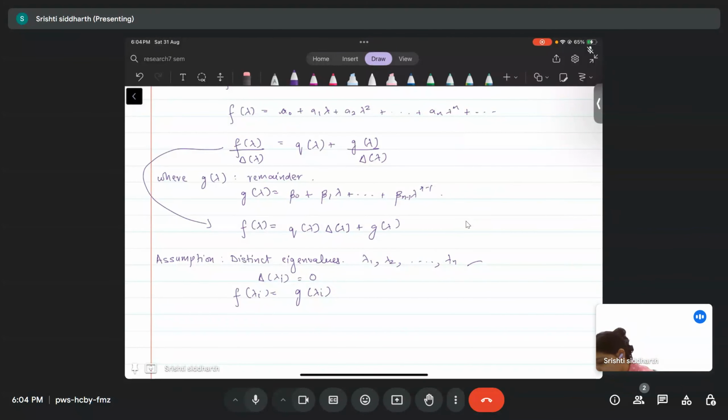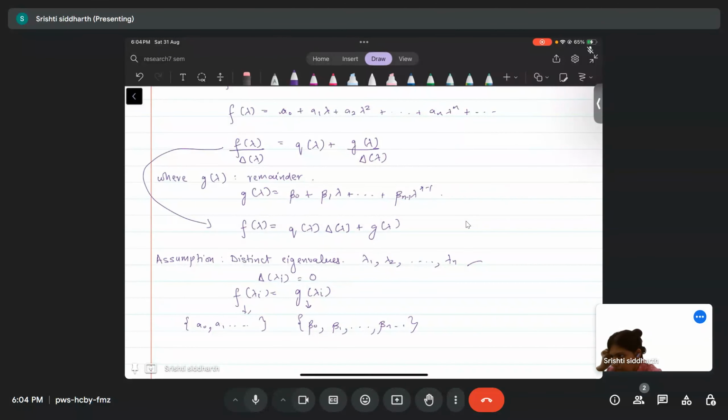Okay. So we have some f of lambda which is given in the coefficients a0, a1, and so on, and these g's are in terms of the scalars up to beta n minus 1.